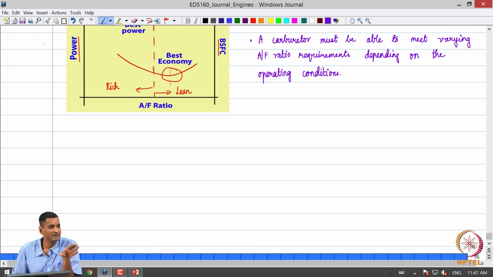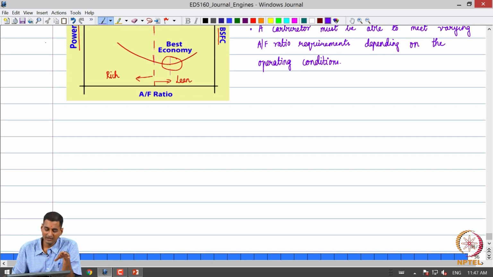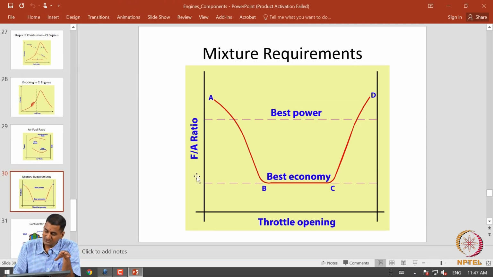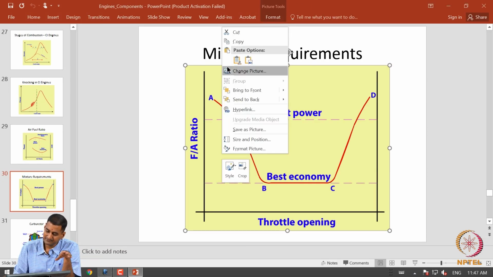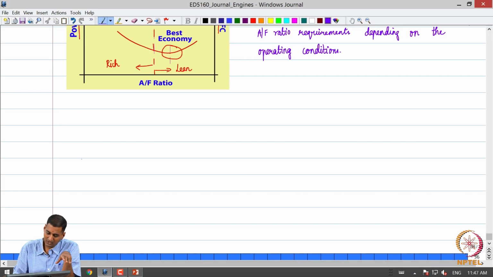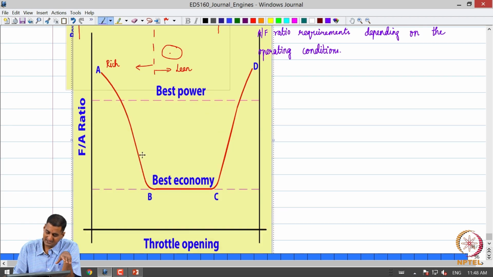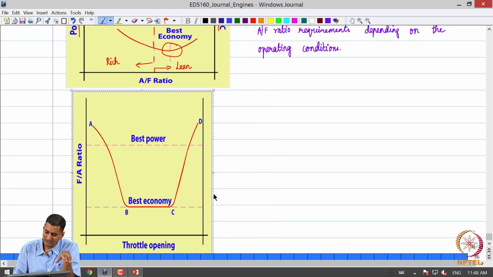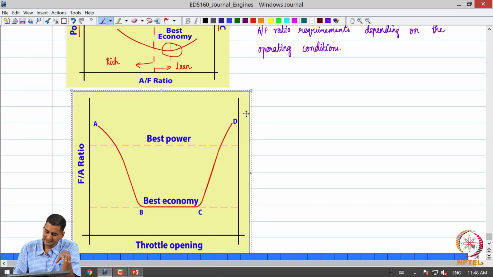We will look at it in the next class. But the important thing is that, depending on where the throttle position is, one needs a varying mixture. What do we mean by that?